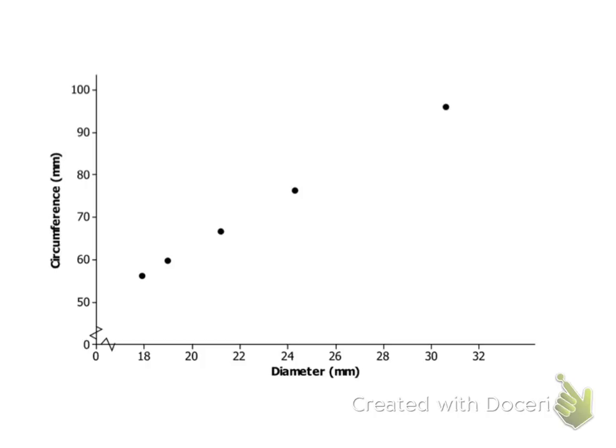Notice that they have not started at 0, 0 because the smallest diameter they had was 18 and the smallest circumference they had was in the 50s. If you start at 0, 0, that's fine. You just wouldn't have had any points in this part of the graph, but it would still show this pattern in the data.